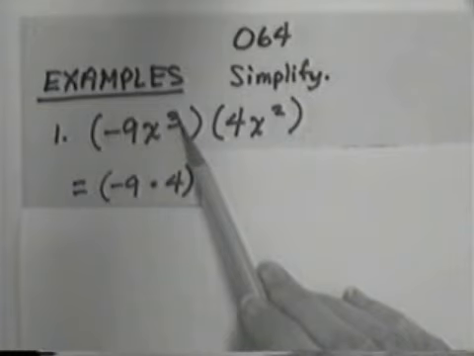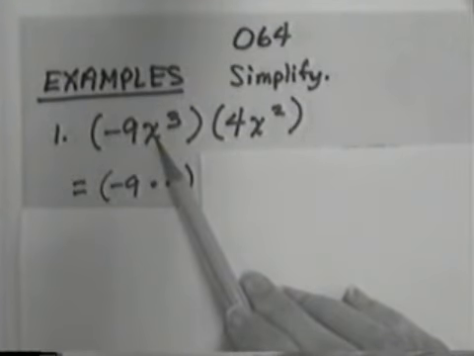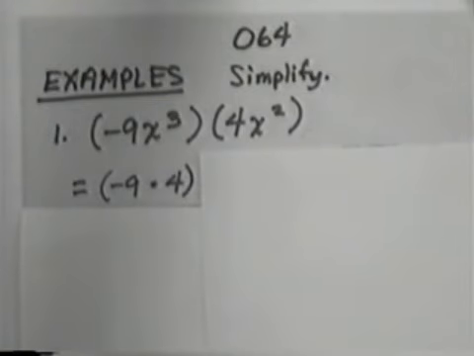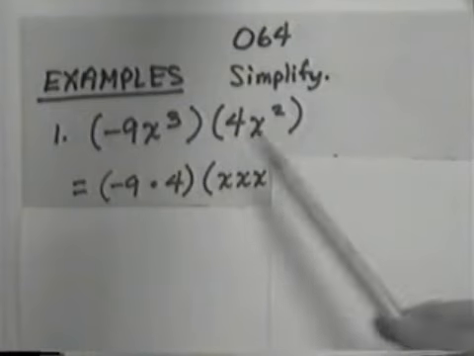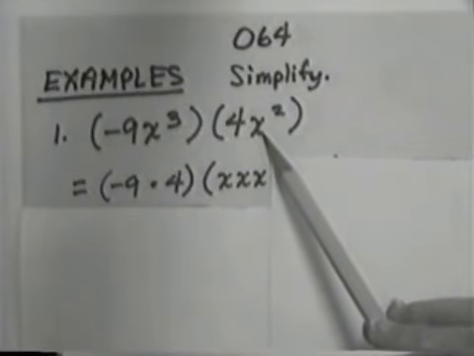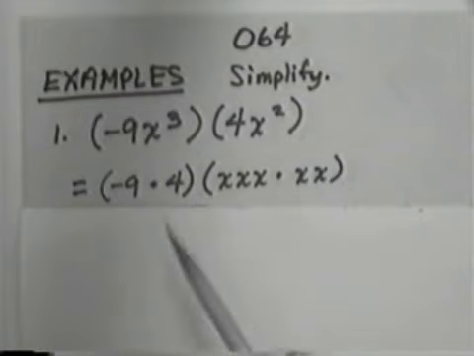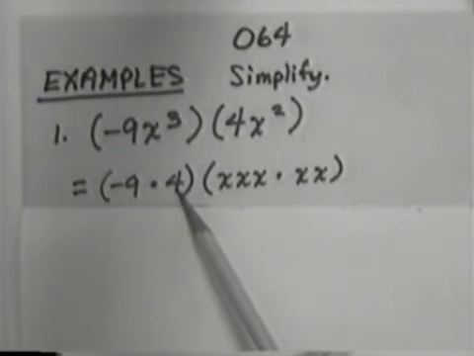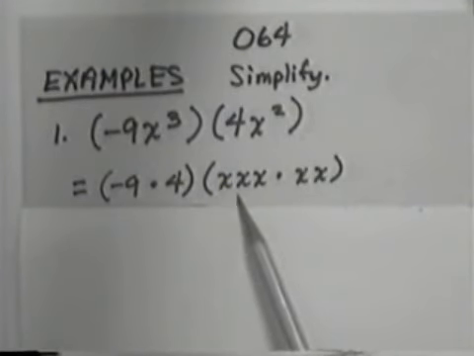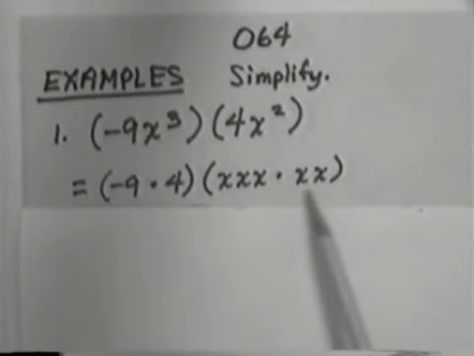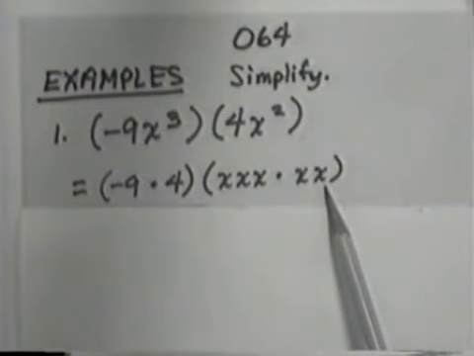Then x to the power 3. The power 3 tells us to use x as a factor 3 times, and so we write x times x times x. X to the power 2 from the other set of parentheses tells us to use x as a factor twice, and so we write x times x. So this gives us negative 9 times 4 times, in parentheses, x times x times x times x times x.